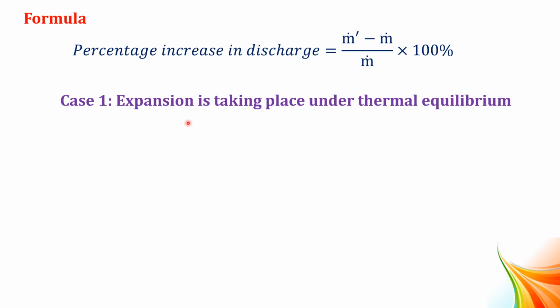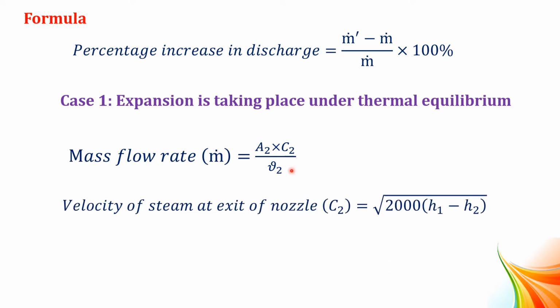Case 1, if the expansion is taking place under thermal equilibrium, then the mass flow rate m dot equal to A2 C2 divided by V2. Velocity of steam at the exit of the nozzle C2 equal to square root of 2000 into H1 minus H2.